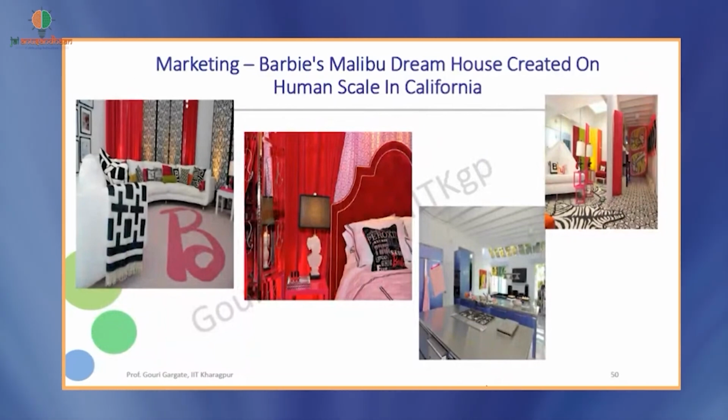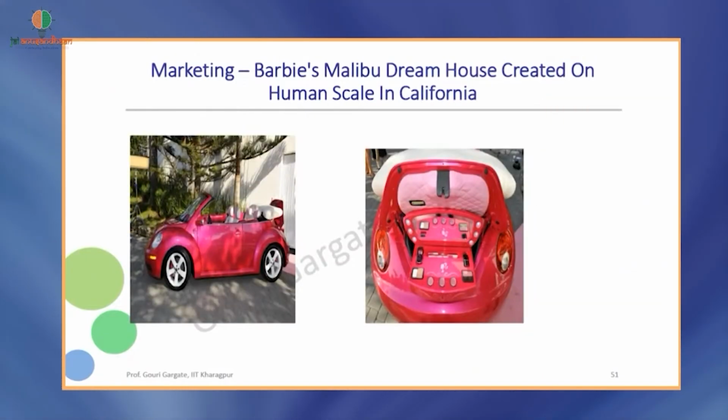In California, a human-scale dream house was created for Barbie. That is how they do the marketing of that industrial design protection. Then they have different types of IPs, effective brand building, effective marketing, and a successful case of IP management. Here is a car of Barbie.